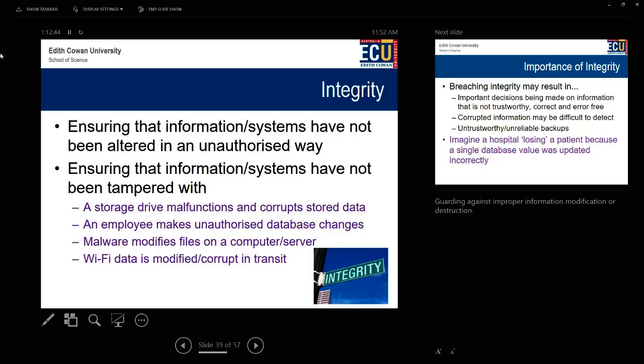If Wi-Fi data is modified or corrupted in transit, and you can see these Wi-Fi routers fixed upstairs, you must be using them. If my communication from my mobile device to this Wi-Fi router is not encrypted, and someone hijacks that session and changes the values, it is possible. If the communication is not encrypted and someone changes that data, it's a compromise on the integrity of that data.